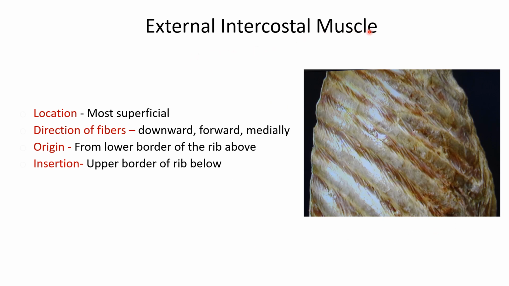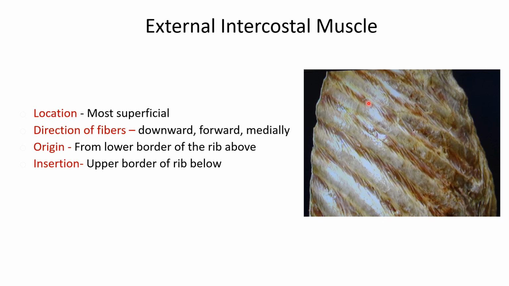Regarding the external intercostal muscle, these muscles are superficial. The most superficial muscle in the intercostal space is the external intercostal. If you observe in this picture, you can see the external intercostal muscles in the typical spaces.